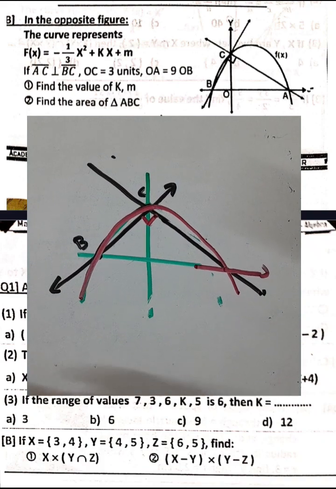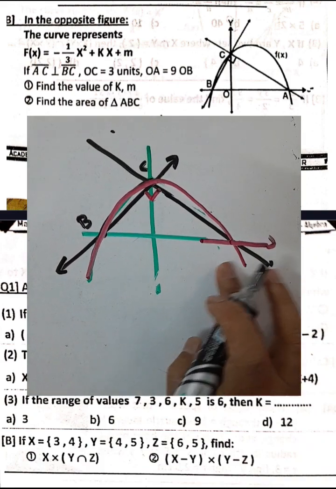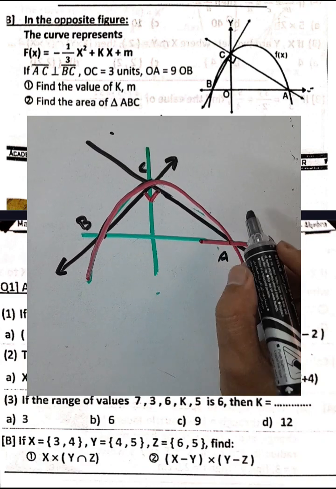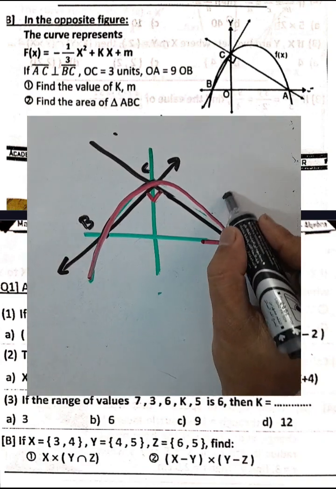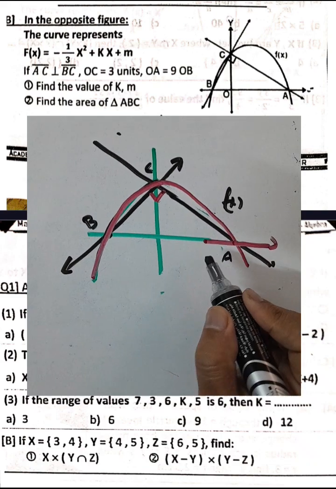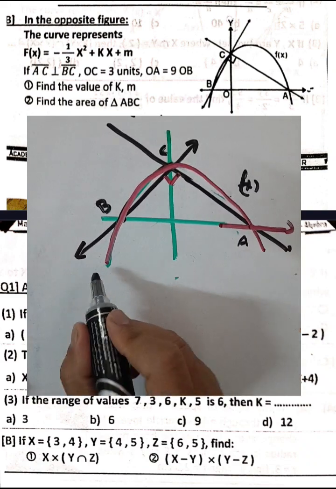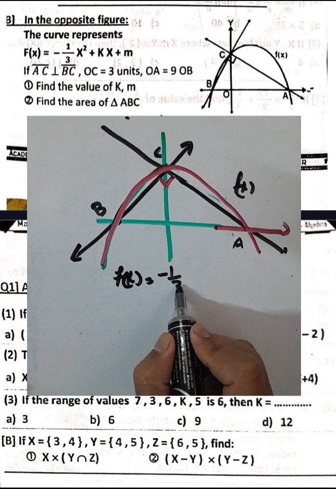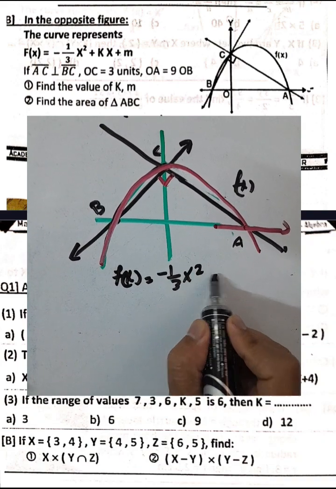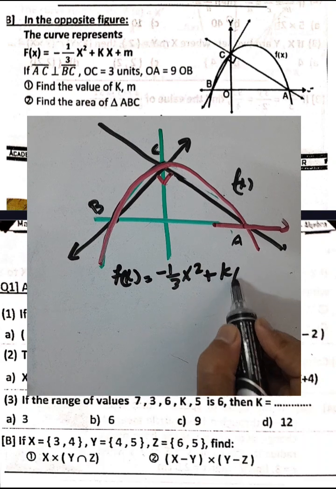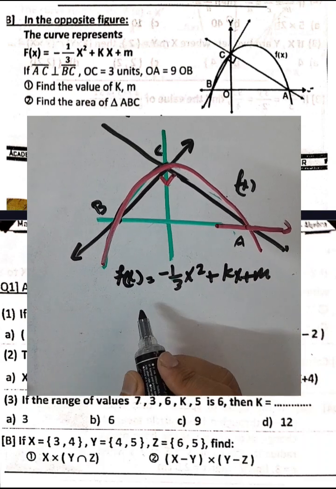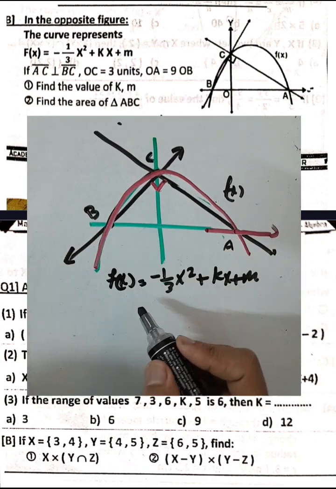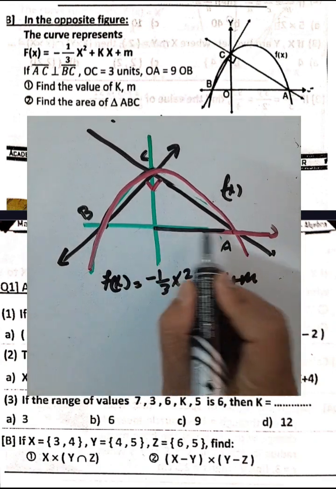We call this point A, and the function f of x of the curve was negative 1 over 3 x power 2 plus kx plus m, and OA was 9. The length here was 9 units.